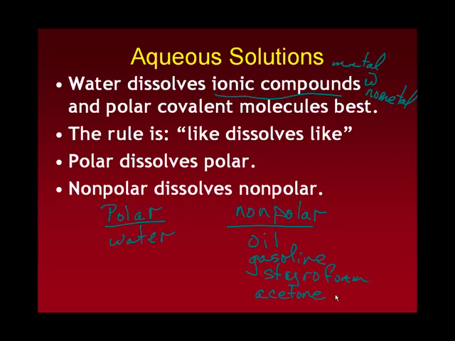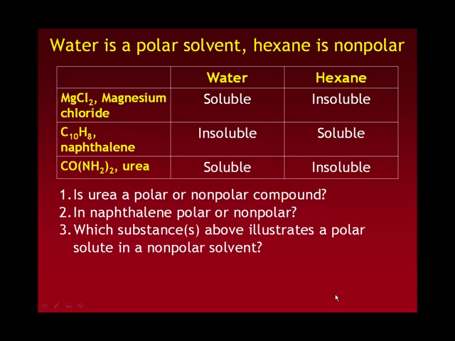Or if you go to a beauty supply store, you can get some more concentrated acetone. There are also lots of other polar compounds, but this is just trying to illustrate the differences between polar and nonpolar, and water is our most common polar compound.